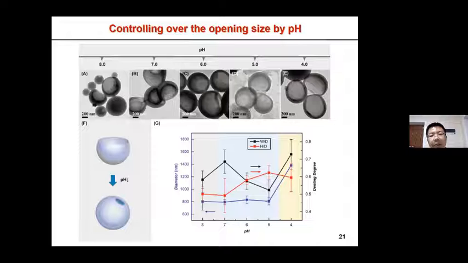In addition, the pH value of the solution also influenced the morphology of bowl-shaped nanoparticles. We found that with the decrease of pH value of the solution, the interior hull of the bowl-shaped nanoparticles increased, and the size of the opening became smaller.